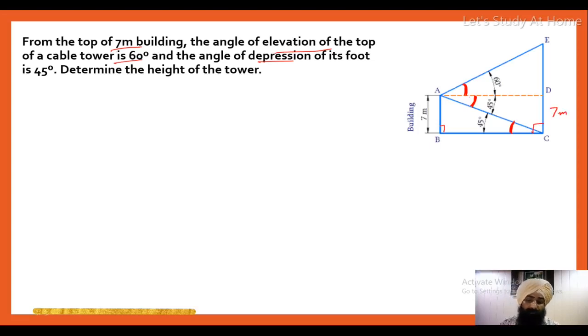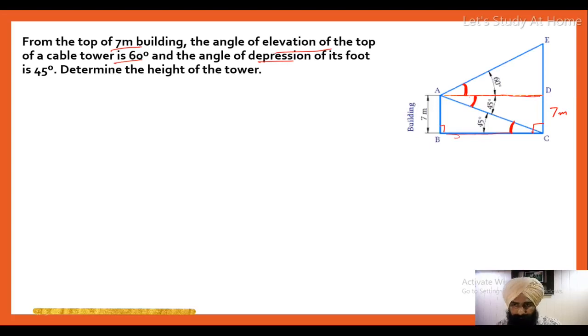Because any object standing on the earth makes an angle of 90 degree with the ground. Am I clear? A building that is standing makes an angle with the earth that is always 90 degree. It is vertical, always vertical, and these lines are horizontal. Horizontal lines are always parallel to the earth.